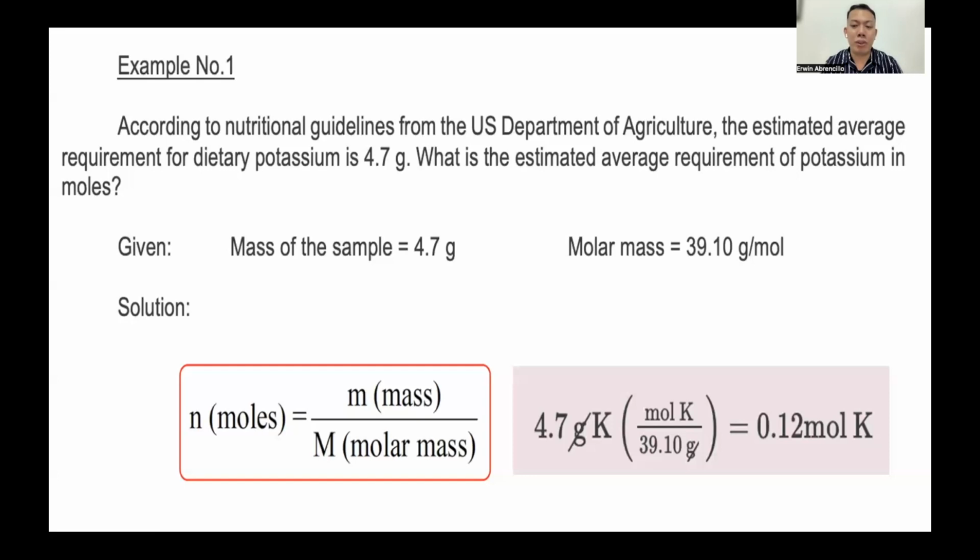Of course, you have to invert it: mole will be written on top and gram will be written at the bottom. It is written that way because you have to cancel the units for grams so that at the end, you'll get mole as your final unit, since you are looking for the number of mole. That's why in the illustration, there is cancellation of grams. So 4.7 divided by 39.10, you get 0.12 mole of potassium.